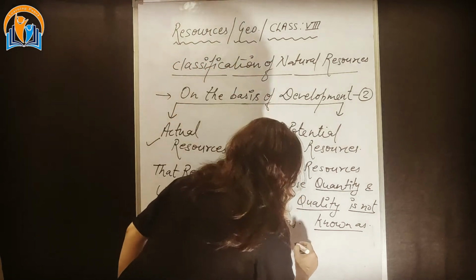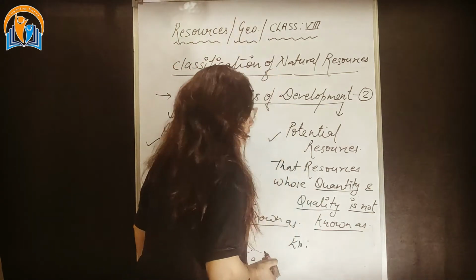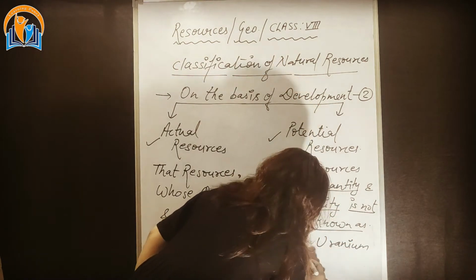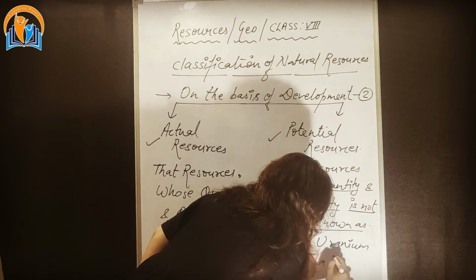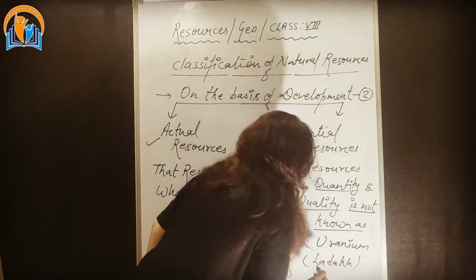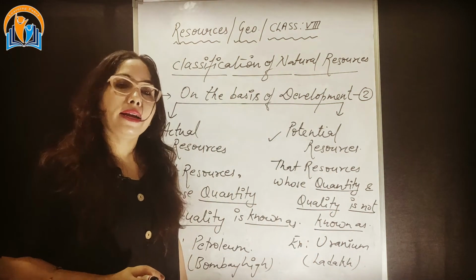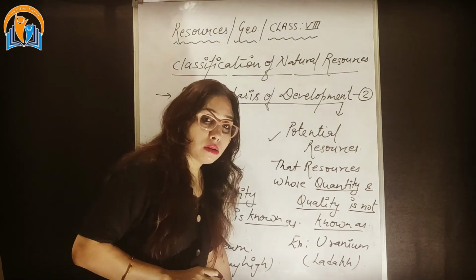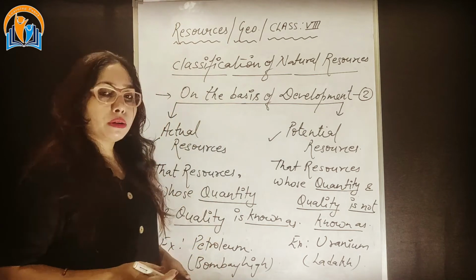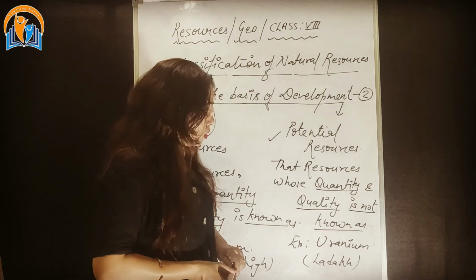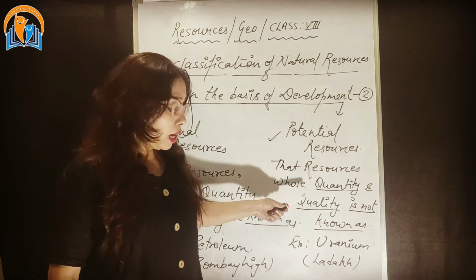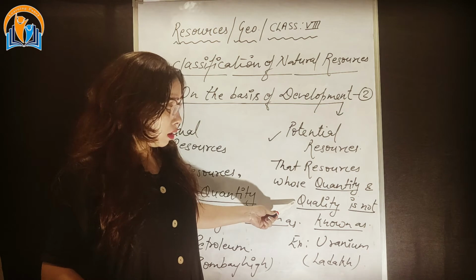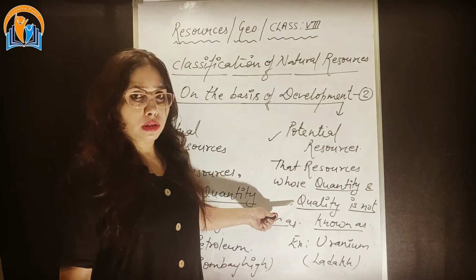Example, again I'm taking from India, like uranium in India. Okay, uranium where? Uranium at the place of Ladakh. It is an idea that in the Ladakh region, uranium is a mineral that is found. Petroleum is also a mineral that is found, but of how much quantity and of what type of quality, it is not known, means there is no idea about this.